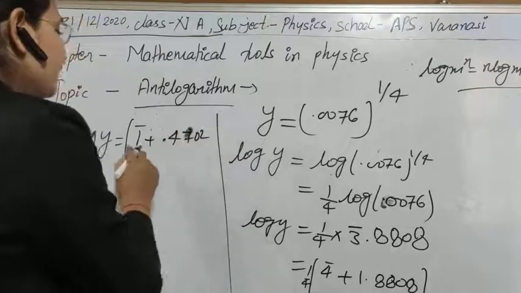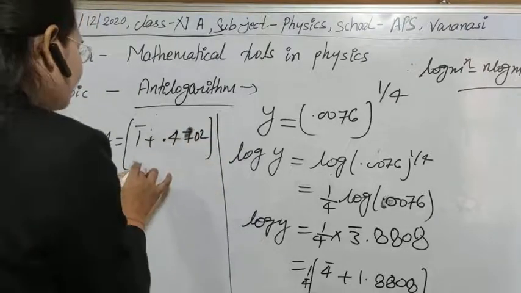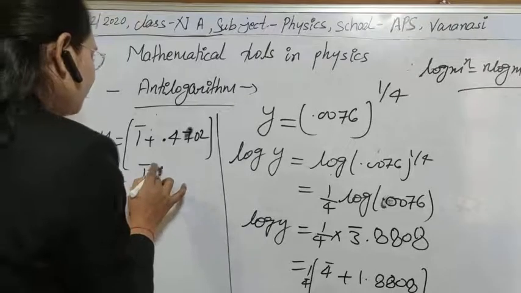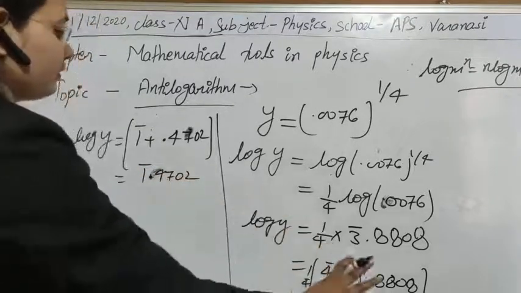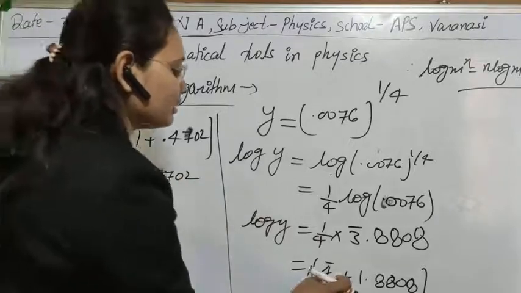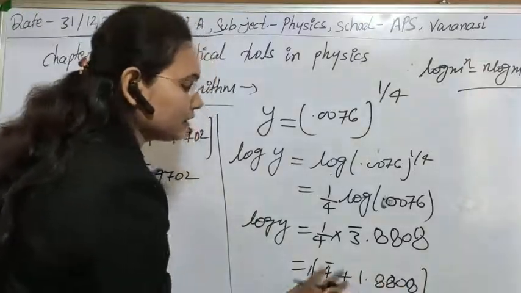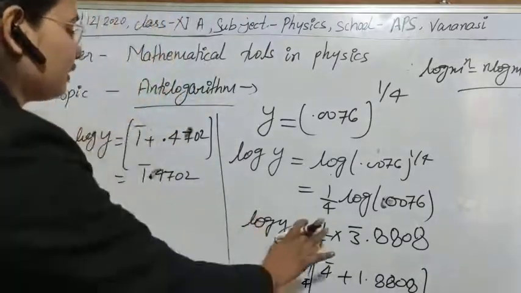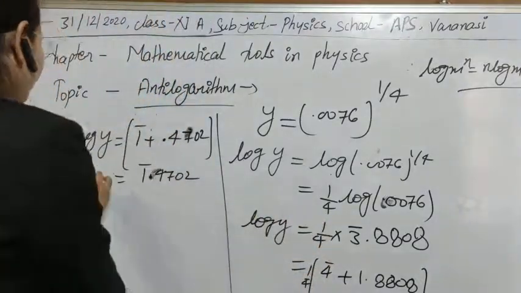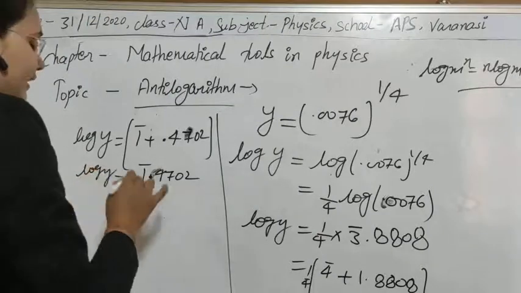So this value we have got, and finally if you add it, you will get 1 bar 1.4702 after solving it. You just have to divide this whole term by 4 only. You don't have to do anything else. So you can do it, and after doing it, here we have log of y.